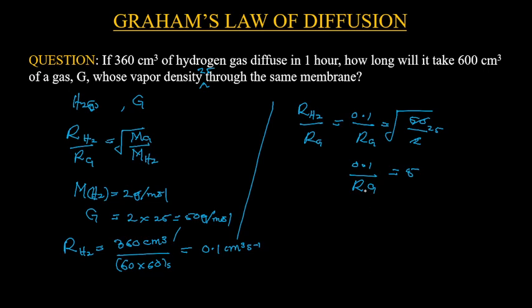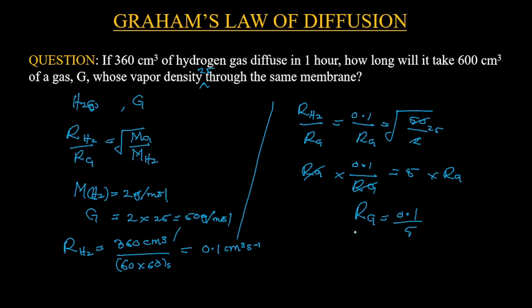So when we multiply through by the rate of diffusion of G, this will cancel this. Then we have the rate of diffusion of G. So when we make this the subject, we'll have R of G equal to 0.1 divided by 5.